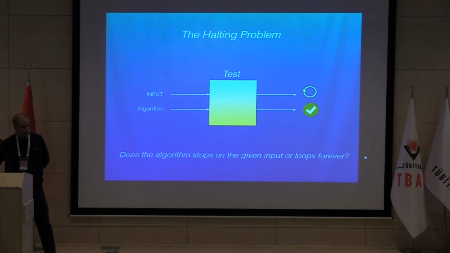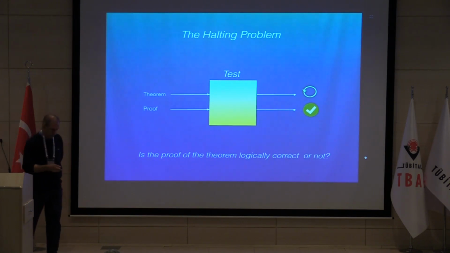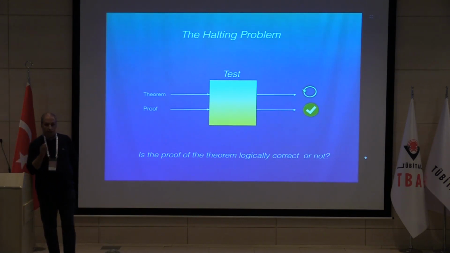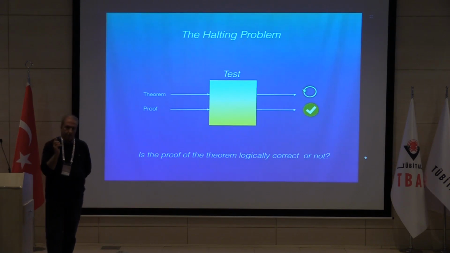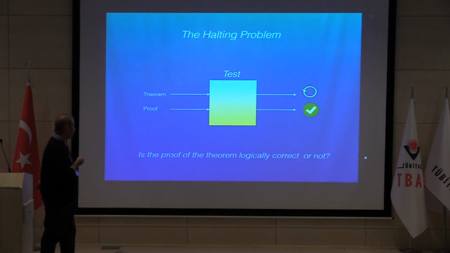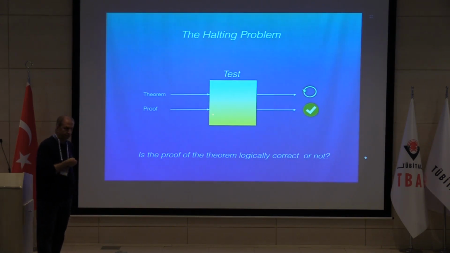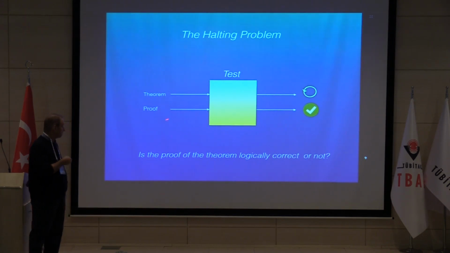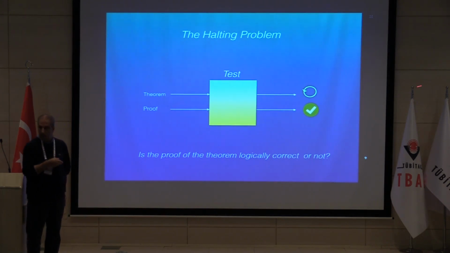Let's formulate this in a more familiar way. You give the machine a theorem, like the Fermat theorem, and the proof that you have worked out on your paper. You have spent one year or two years, and then you have come up with a proof of the theorem. It has many lines of arguments.